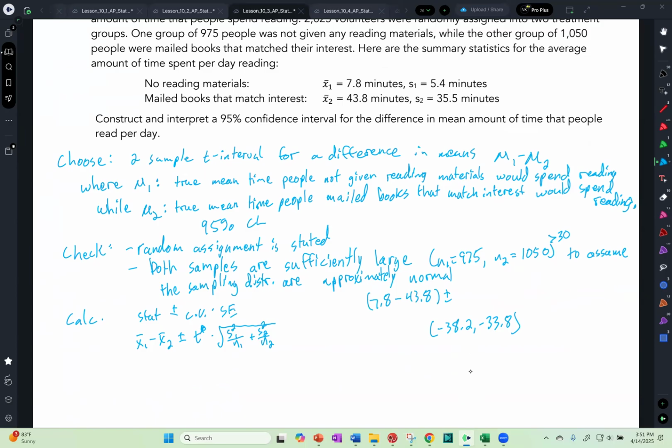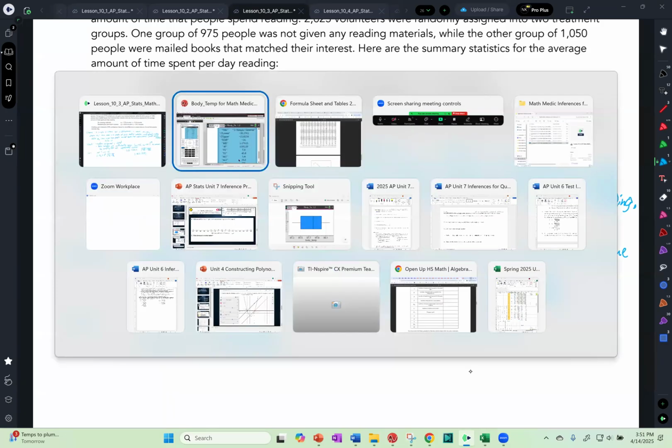So x bar 1 minus x bar 2, so 7.8 minus 43.8 plus or minus, I'm going to come back to that critical value, 5.4 squared divided by n1, 975 plus 35.5 squared divided by 1050. If I want that T for 95%, well, two things.